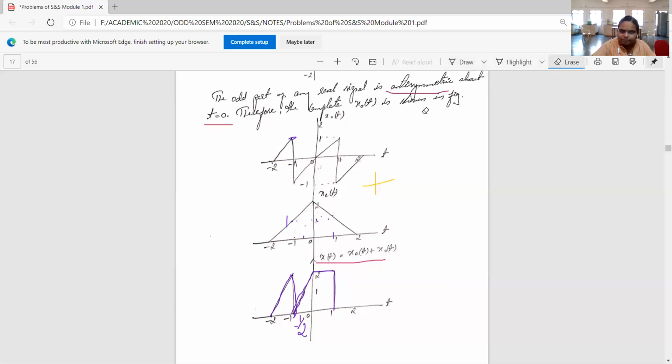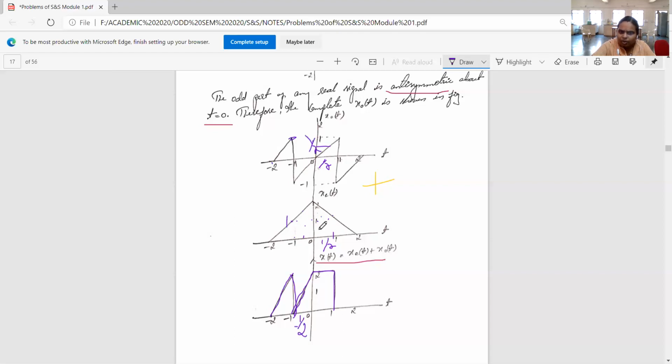Just observe here. From 0 to 1 by 2, in between I will take one value, 1 by 2. Here also 1 by 2. I'm going to add both the signals, right? Positive values. At 1 by 2, here you will be getting 1 by 2, right?